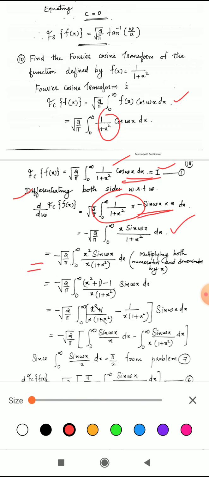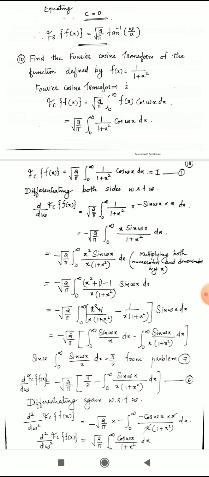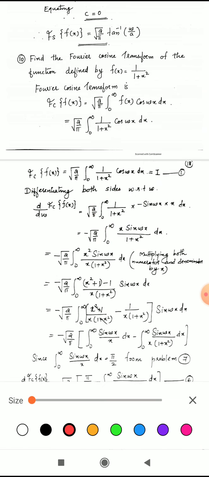We cannot integrate this directly, so we multiply both numerator and denominator by an x. So x square into sin omega x by x into 1 plus x square dx.